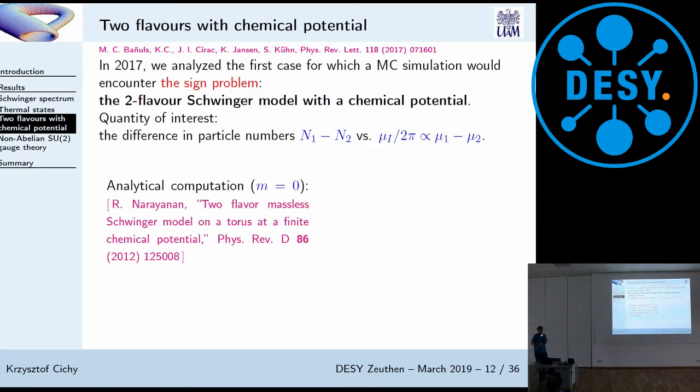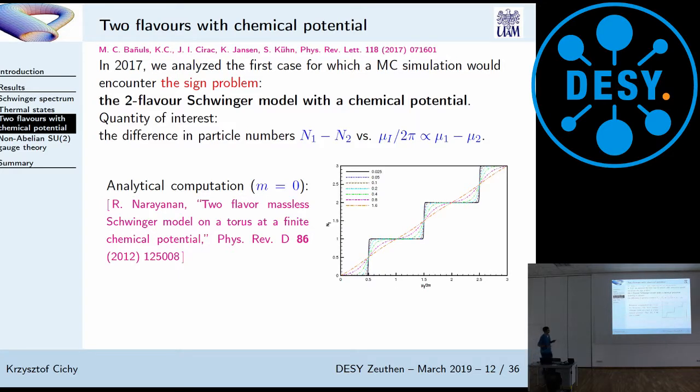And there is an analytic computation in the massless case done by Narayanan. Here you can see the analytic result. These different curves correspond to different temperatures. There is no zero temperature curve, but you can imagine that this becomes just a step function. For this temperature, it's not really a step function.